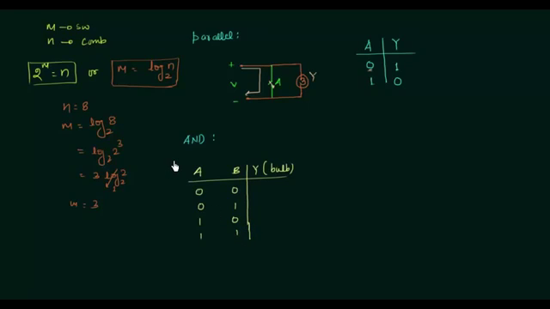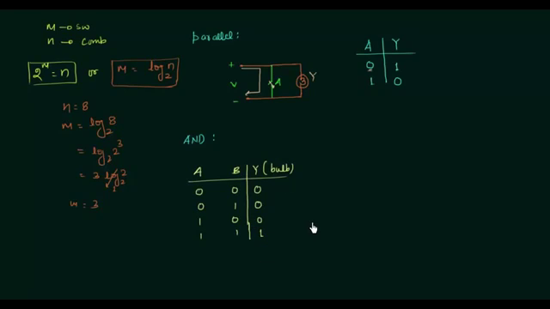The output Y will be high only when both the inputs are high. So for the first case, both the inputs are low, so output is going to be low. For the second case, A is low, B is high, output is going to be low. For the third case, A is high, B is low. It means output will remain low again. And for the final case, when both A and B are high, the output is going to be high.